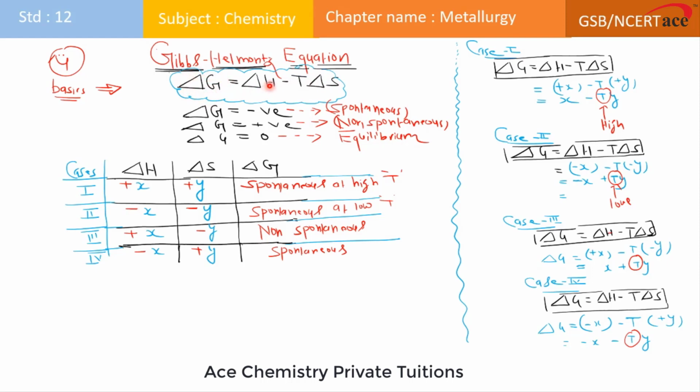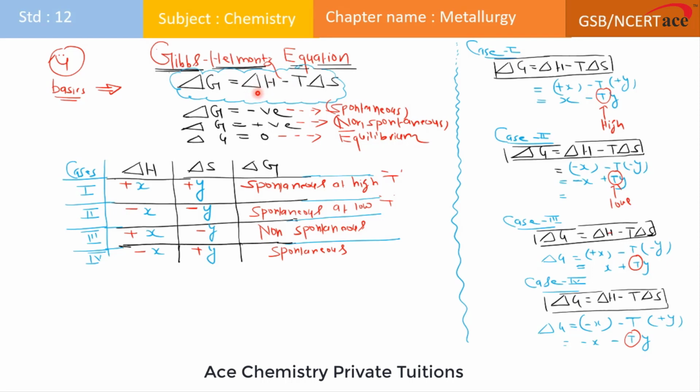Gibbs free energy. Delta H is referred to as change in enthalpy. T is the temperature on the Kelvin scale, and delta S is indicating what? Randomness of the system, which is also said to be entropy.